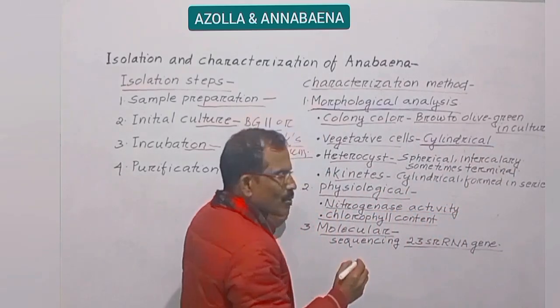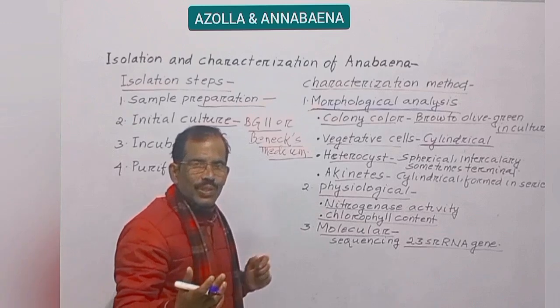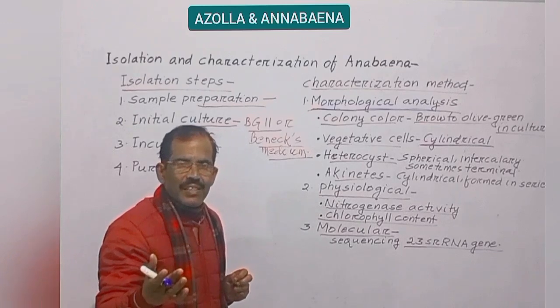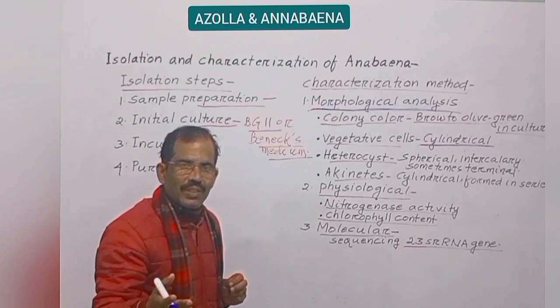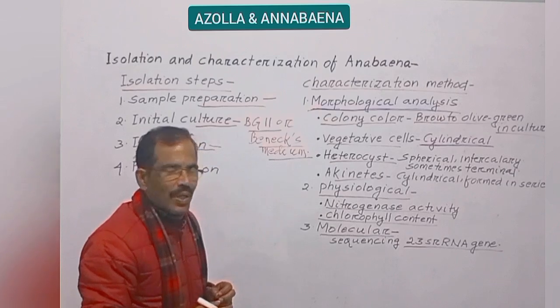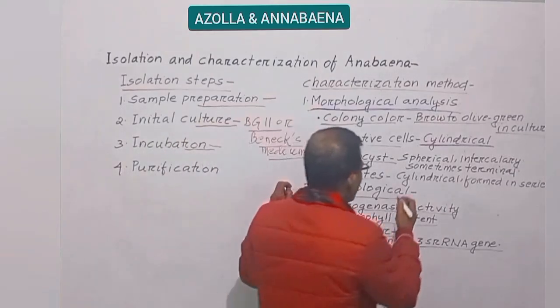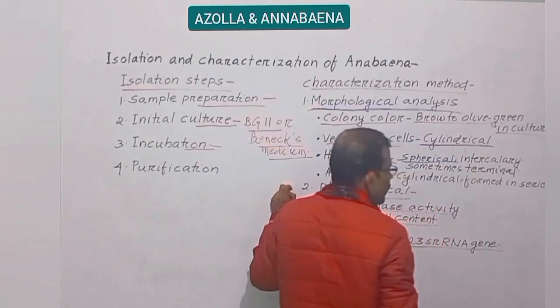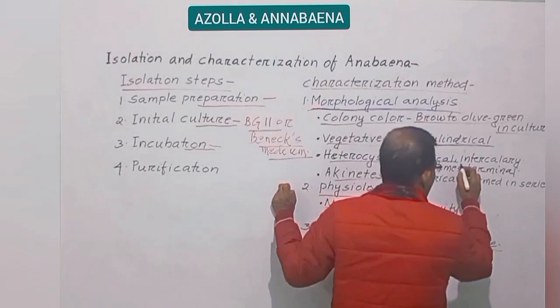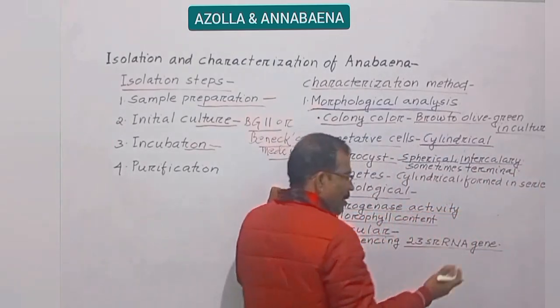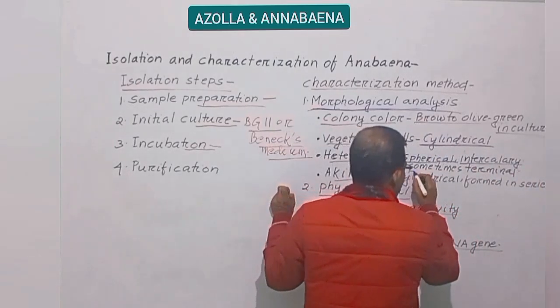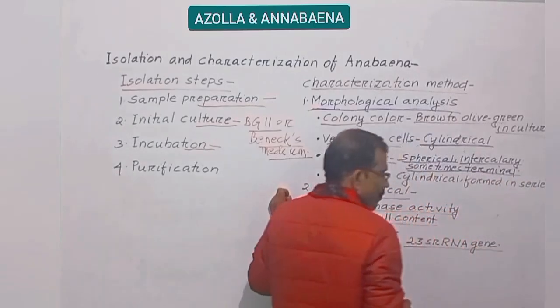Next is heterocyst. Heterocysts are specialized cells in which nitrogen fixation takes place. Heterocysts are usually spherical and they are mostly intercalary, but sometimes the cells can also be terminal.